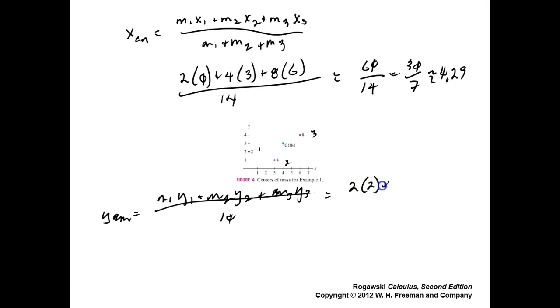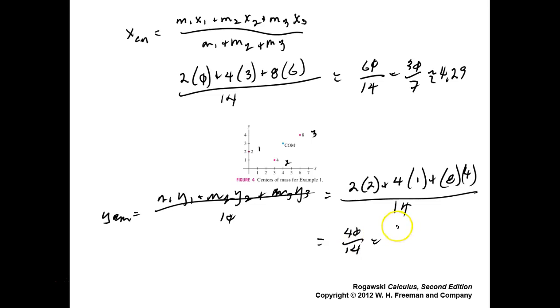Two times 2 plus 4 times 1 plus 8 times 4. Okay, over 14. That would be 4 plus 4 is 8 plus 32 is 40 over 14. That would be 8 over 7. No, goodness, what? 20 over 7. Which would be almost 3, 2 point something.